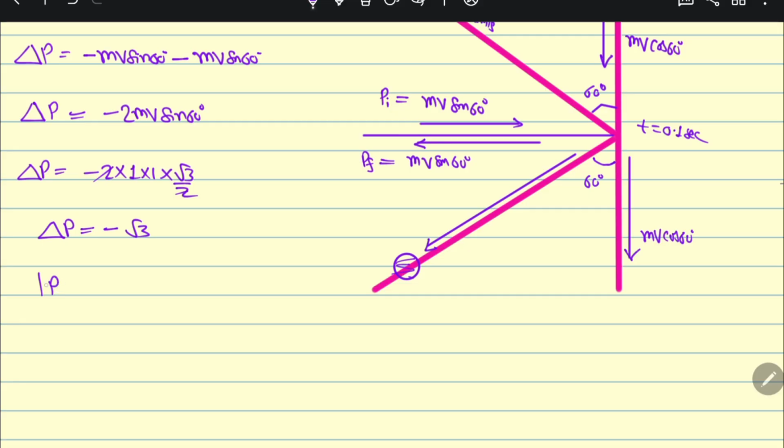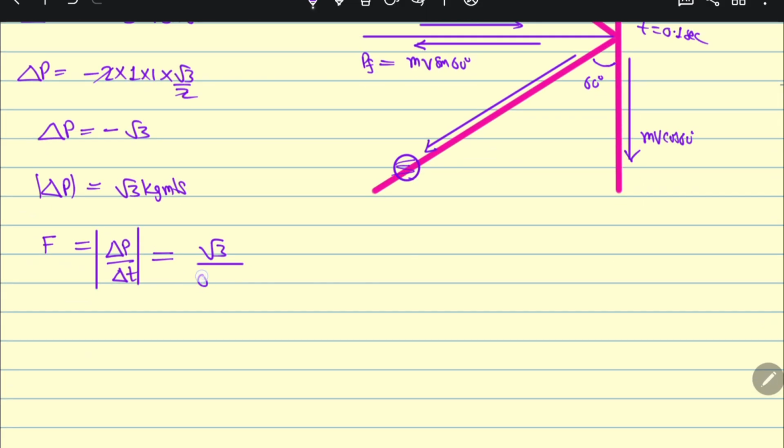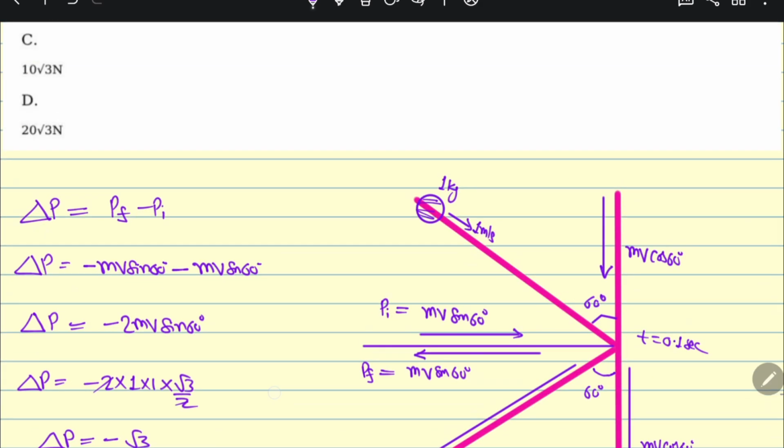If I take the magnitude, this comes out to be root 3 kg meter per second. So force is equal to change in momentum by time interval, that is root 3 by 0.1 second, which comes out to be 10 root 3 Newton.